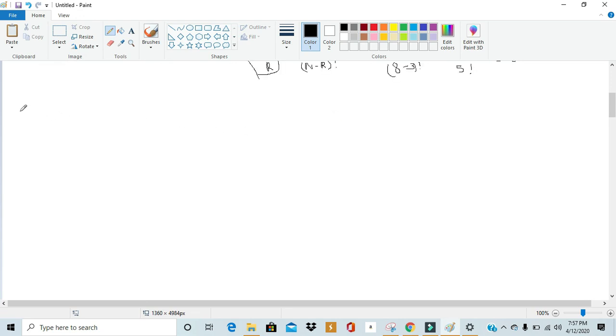Now on to combinations. Combinations describes the number of ways we could choose a set of objects from a total group of objects without regard for order. Well, what does this mean? This means that we don't care about the order of what we pick anymore.